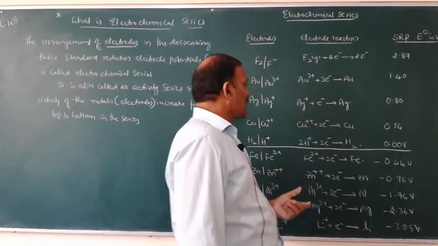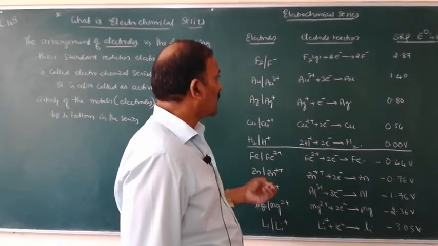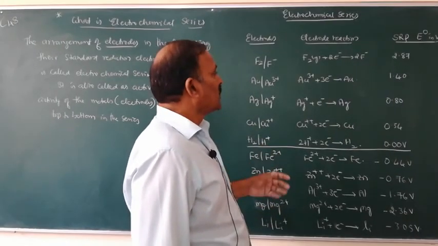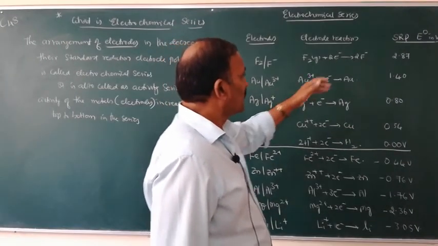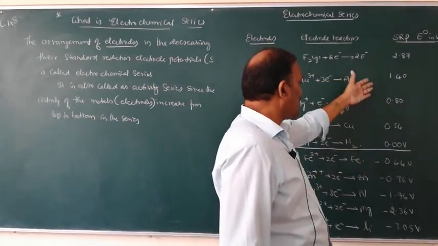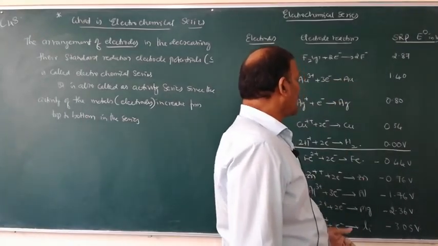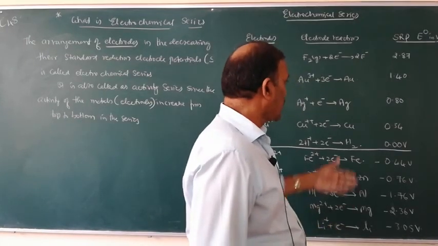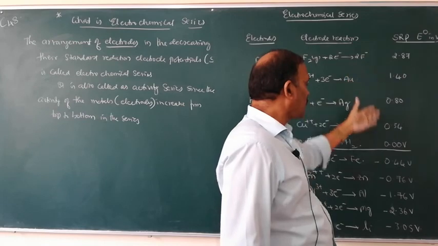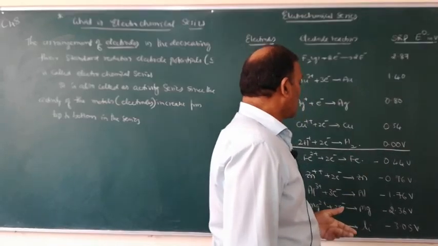In the next class I will tell you what are the advantages of electrochemical series. This is the list of electrode systems arranged in the decreasing order of their electrode potentials. As we move from top to bottom, what happens?